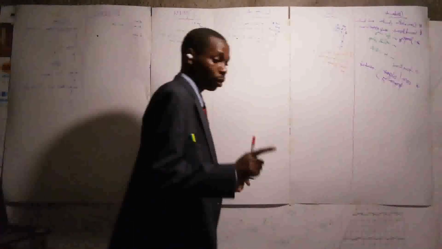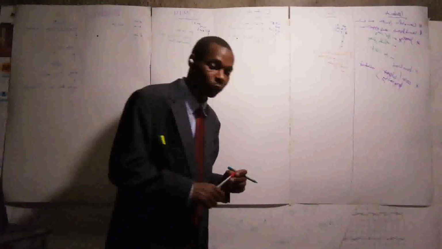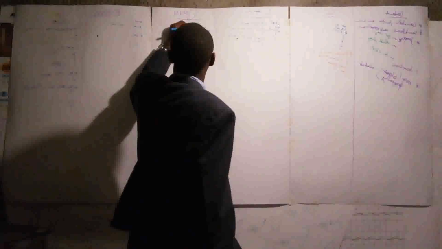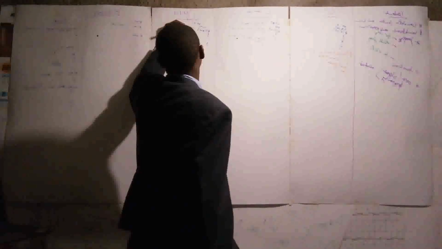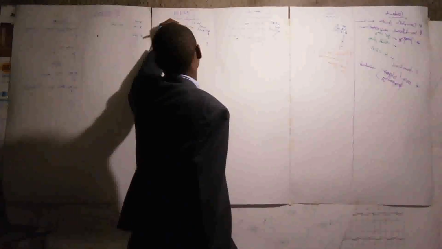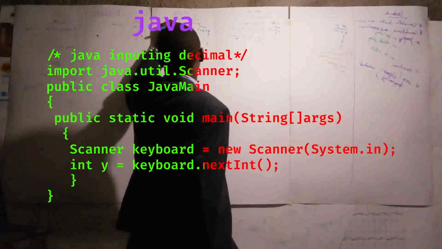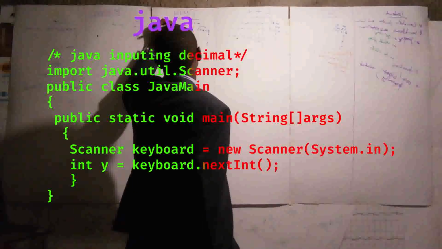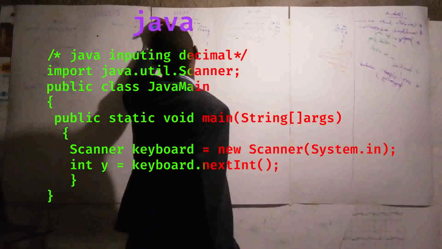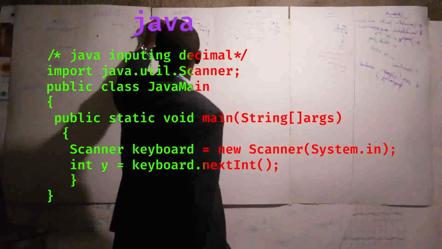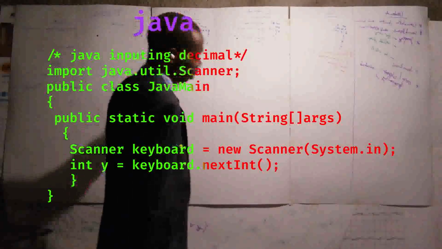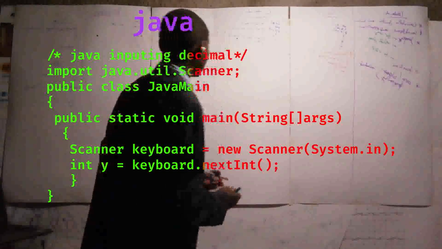So for Java, to do input and output for strings, we import java.util.Scanner, with the capital S in Scanner. Okay. How do we call the class Scanner in Java?